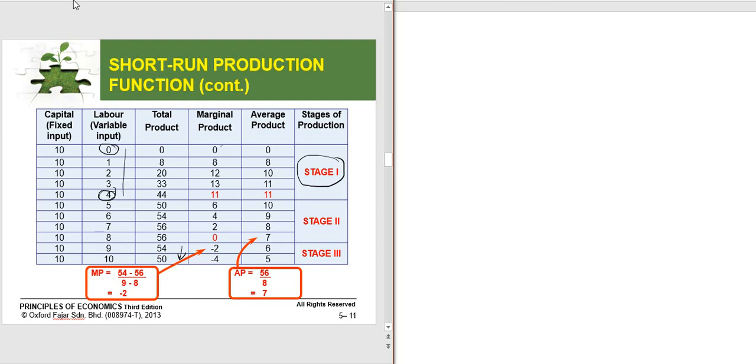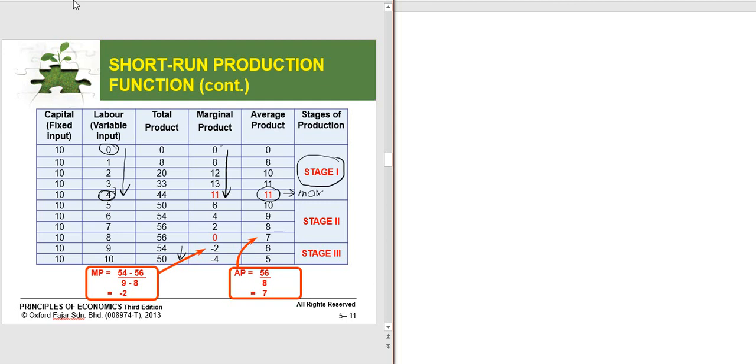From here, you can see your marginal product starts to decline. So that shows stage 1. Or you can also look at the average product, where your average product has reached its maximum, which is 11. So that is the end of stage 1 of your production.